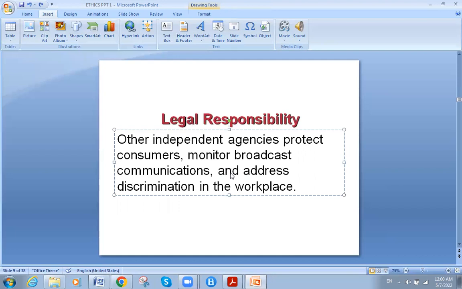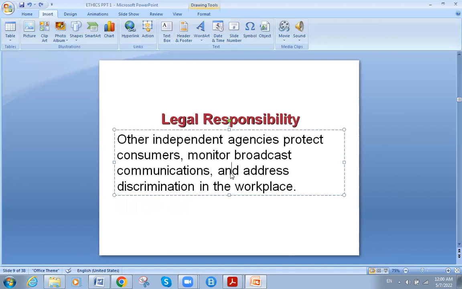The labor unions are very famous for defending the workers' rights, their benefits, their intrinsic rewards, their pay, their leave. All of these go under the category of labor union functions.